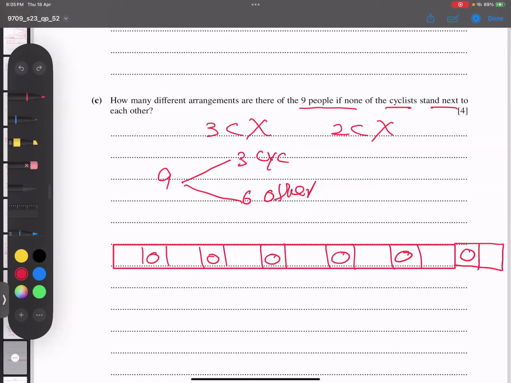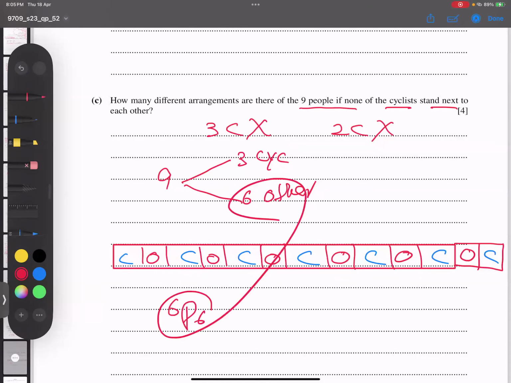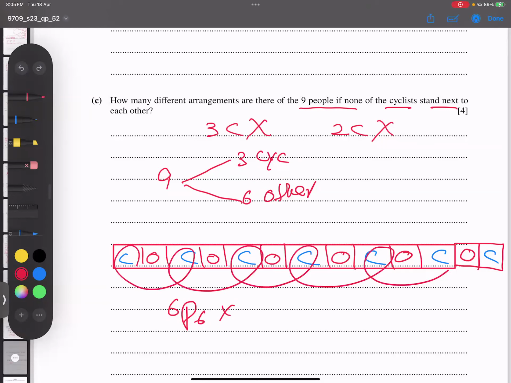Now, where are the cyclists? Cyclists can be here. Let me write C for cyclist, C for cyclist, C for cyclist. And look there, I've made them separate. All cyclist positions are separate from each other. Now 1, 2, 3, 4, 5, 6. So 6P6 comes for others. Now we have 3 cyclists, but we have 7 positions. 1, 2, 3, 4, 5, 6, 7.